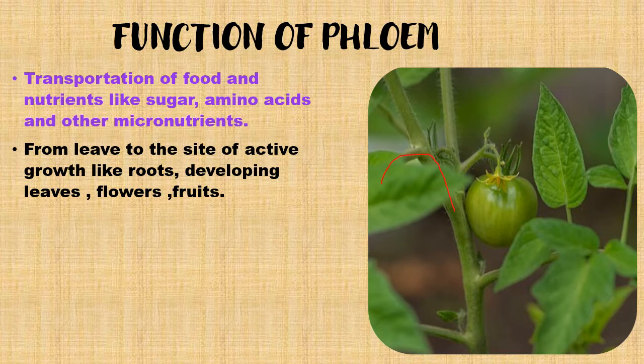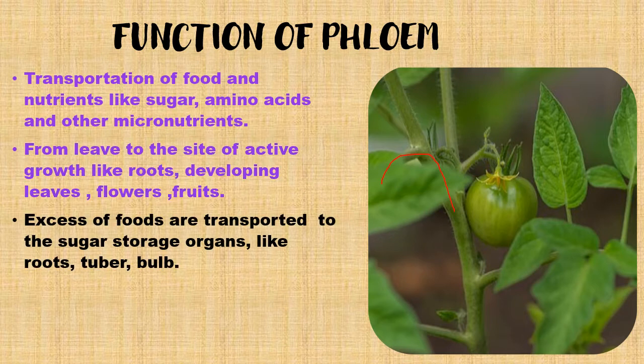It can be roots or it can be developing leaves, flowers or fruits. The excess food prepared in the leaf is transported to storage organs like bulb, tuber and roots through phloem.